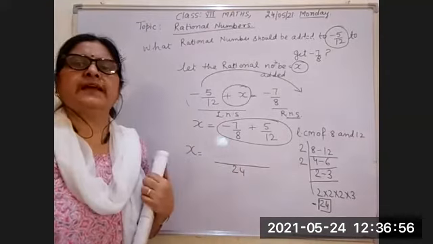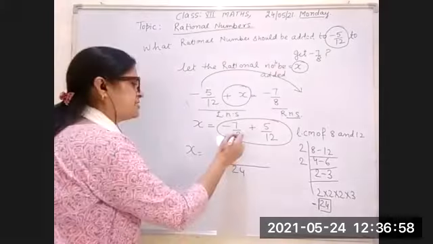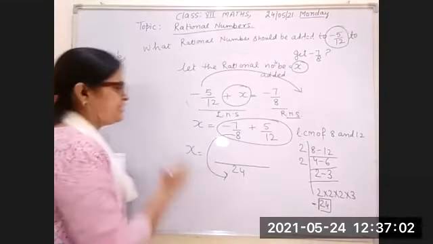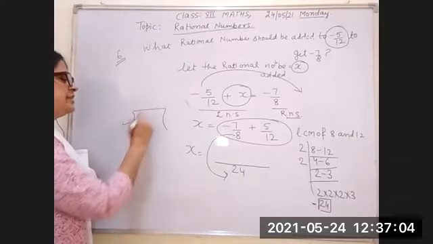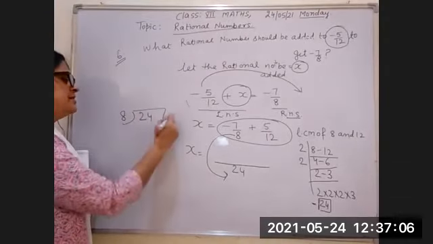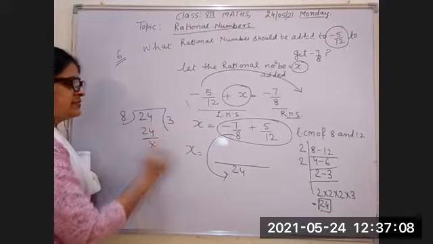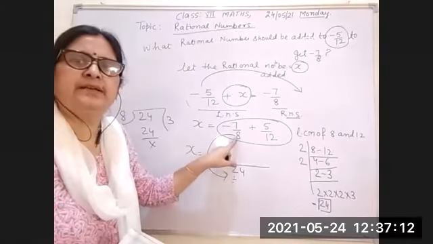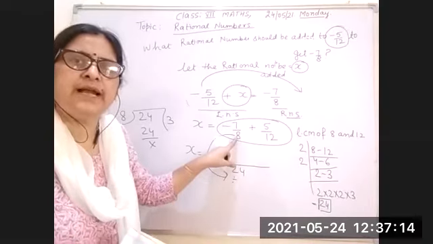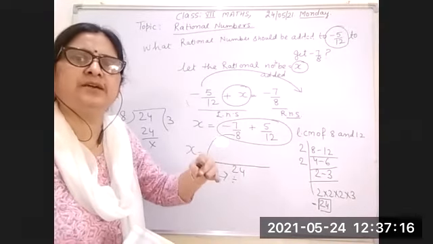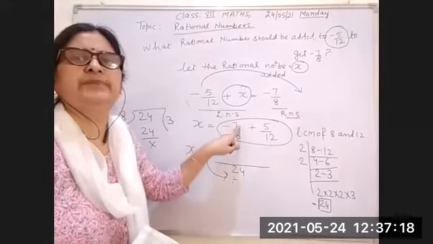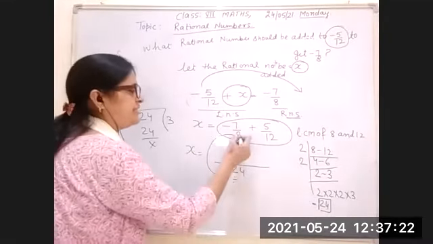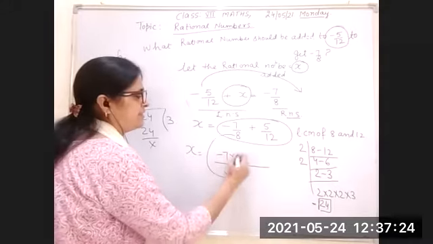Now how do we add these two numbers? First we divide 24 by the denominator 8, and we get 3, since 8 threes are 24. The quotient we get, we multiply with the numerator.